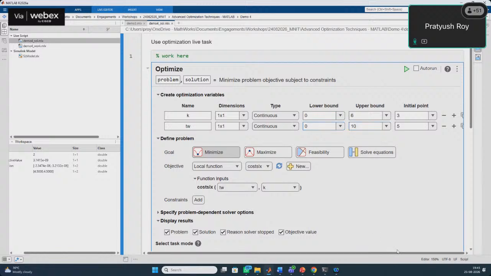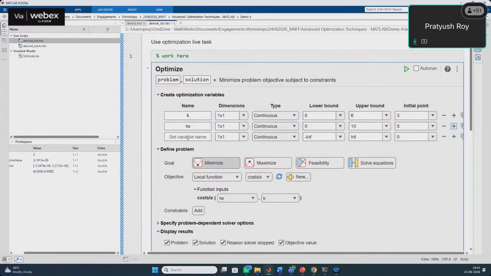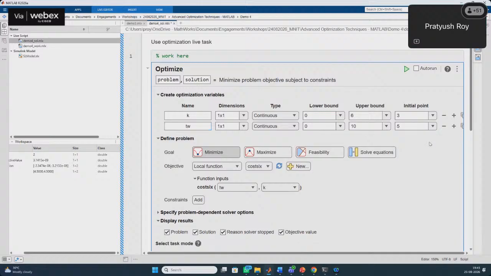Similarly, if there are other unknowns in your case, you just have to add another one, set the variable name, define the bounds and the initial point. But just to keep things simple, we are working on a problem which has two unknowns and we want to optimize that. So what we are trying to do here is minimize a certain function.